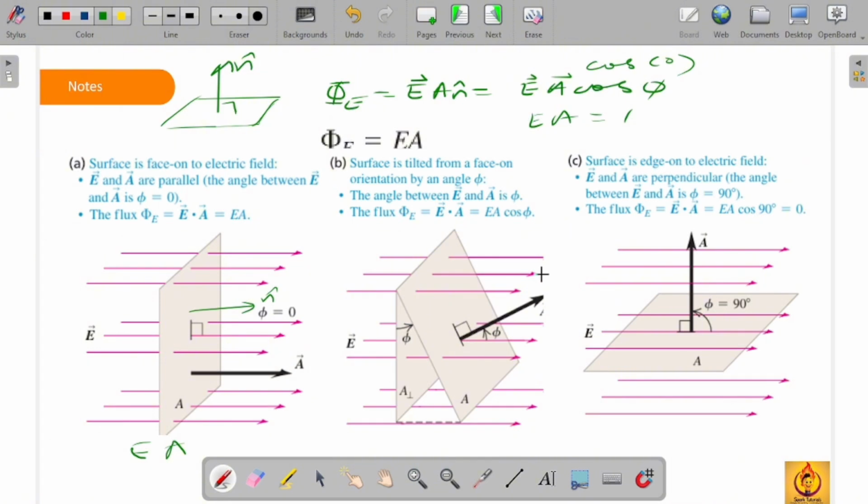But let's look at this case whereby the area is now tilted. In this case, you need to define your normal. Is your normal this way or this way? If it is this way, you're going to do the same thing. This is your normal, this is your electric field. What is the angle between them?